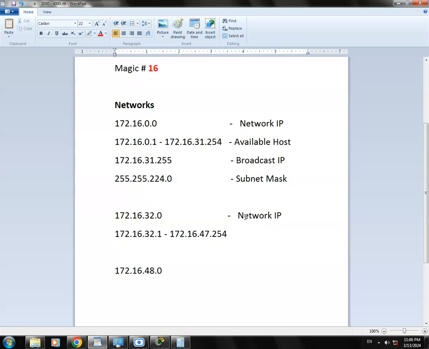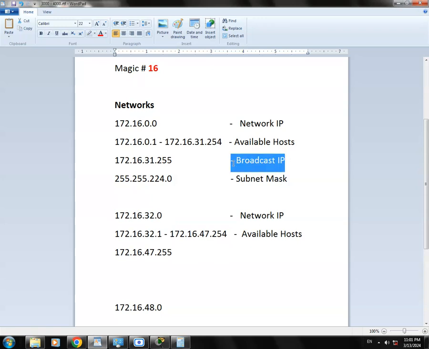Let's assign this as the available host. And then the broadcast IP address. I'll just copy this to make it easy, and change this to 255 because it should be the last host on this network. Let me paste it here.